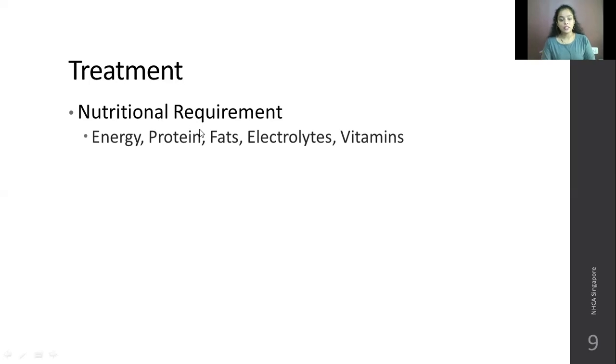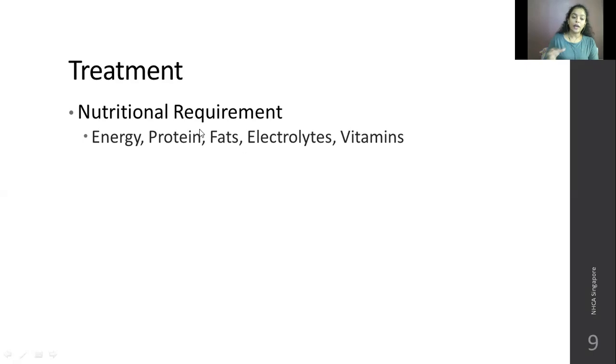If the child weighs just 5 or 6 kg, you multiply 150 to 200 kilocalories by that body weight, and that amount of complete nutrition should be given throughout the day, not per meal. If the child is less than 2 years of age, 200 kilocalories per kg body weight should be given throughout the day. For older children, 150 to 175 kilocalories per kg body weight. This is per day's plan, not per meal.